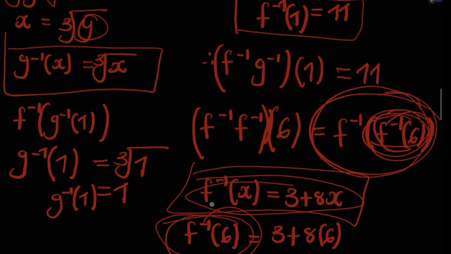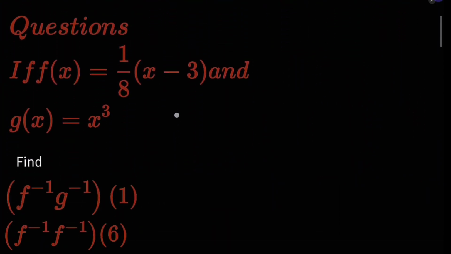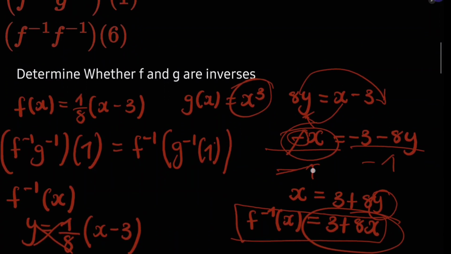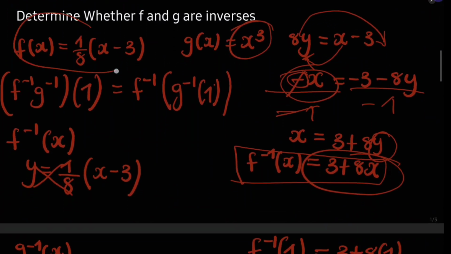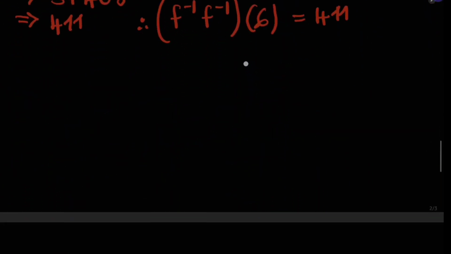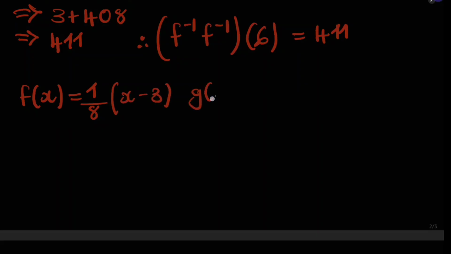And let's now go to the next question. The question says, determine whether f and g are inverses. So let me just write the f. Let me write this down again. Our f of x is 1 on 8 into x minus 3, and our g of x is x cubed.